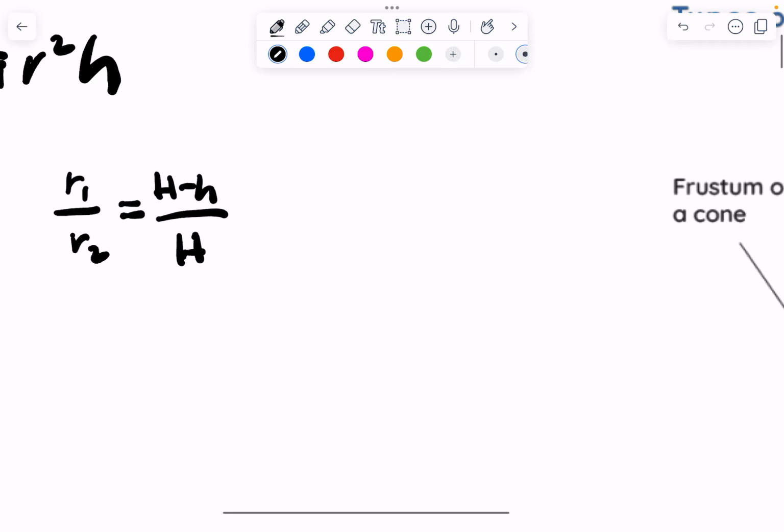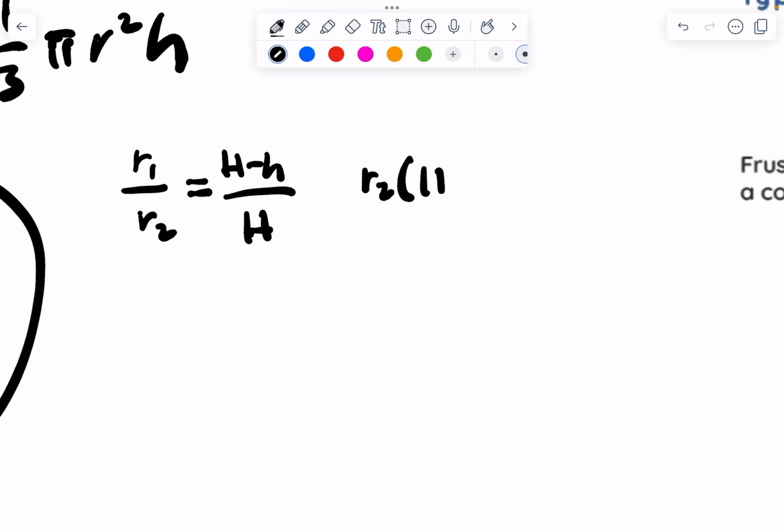Let's see. r2 times H minus h is equal to r1 H. That's correct.